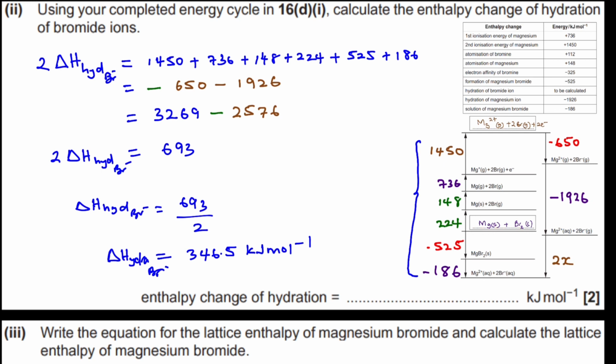So the answer will be 346.5 kilojoules per mole. But it won't be positive because we can see that that's negative here. So the answer will be minus 346.5. And so we should put minus here.